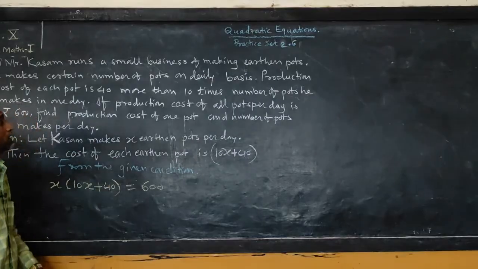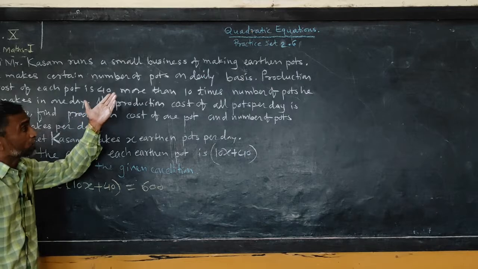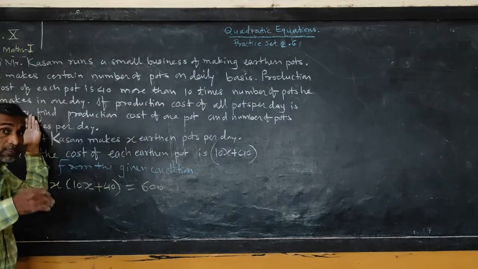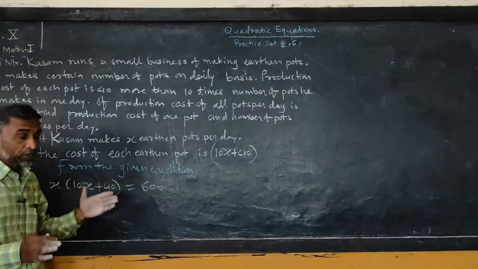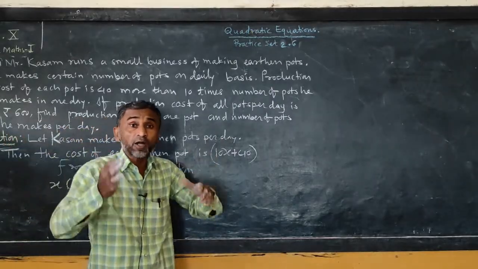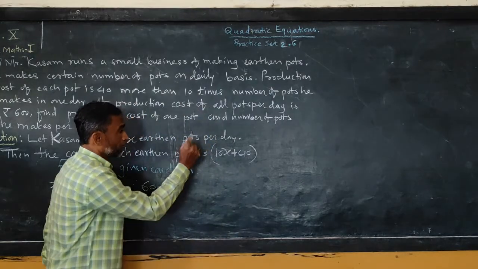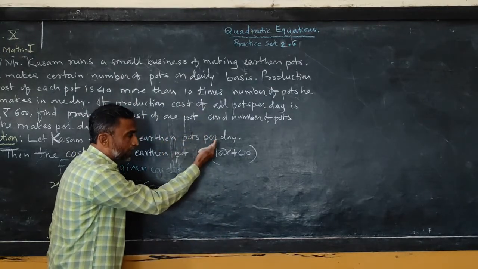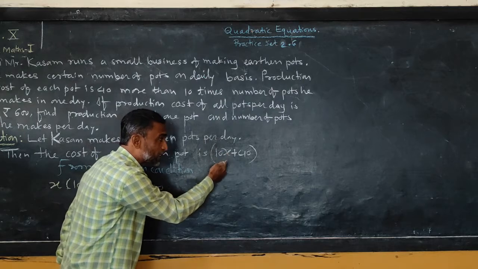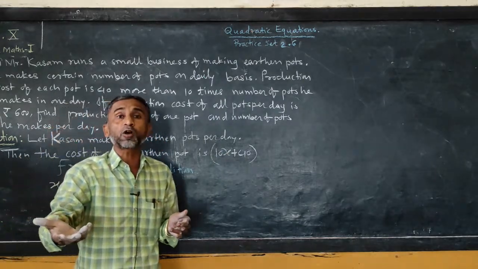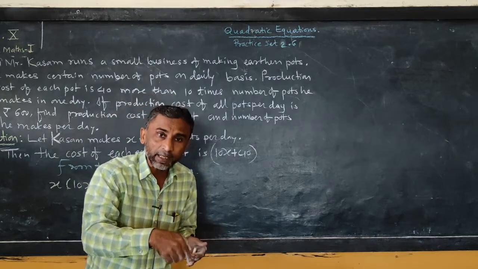What is the information? If production cost of all pots per day is 600, this is given. The production cost of all pots he makes in one day is 600. That means number of pots is x and price of one pot is 10x plus 40. If you multiply these two, you will get the total cost of all pots in one day.